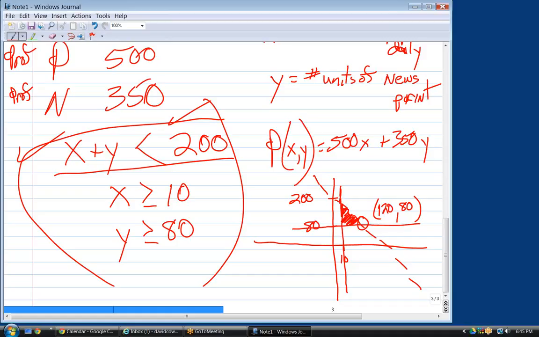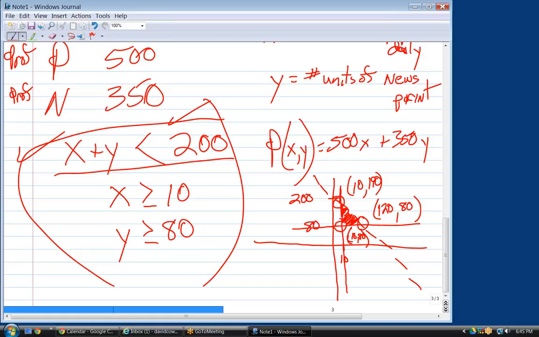But let's examine this vertex. What is that vertex? 10, 190. And finally, I'm not sure I've ever seen one where this results in the maximum, but that point is clearly 10, 80. Okay?